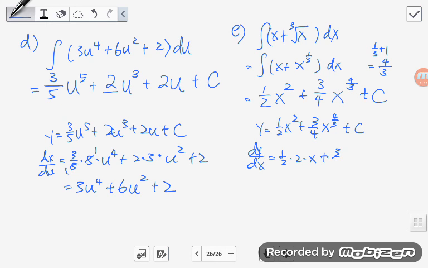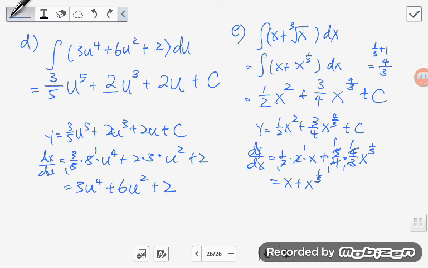Plus 3 over 4 multiplied by the power coming to the front, 4 over 3, and then x to the power of 4 over 3 minus 1, which gives 1 over 3. And then the plus c becomes 0. So the half and the 2 cancel out, I only have x. The 4 and 4 cancel out, the 3 and 3 cancel out. I will have plus x to the power of 1 over 3, which is what we have there. So this is good.